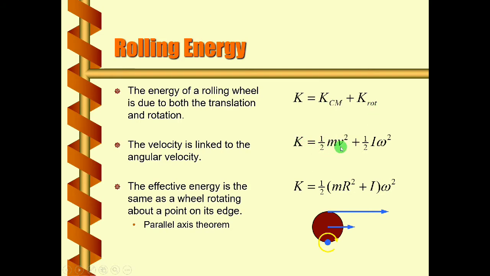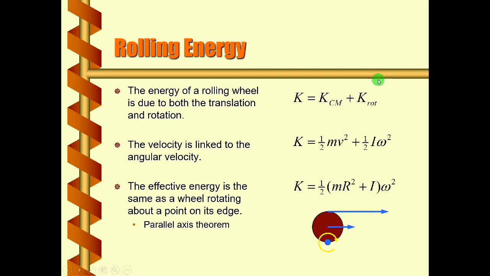So K equal to half mv square plus half I omega square. Adding both, you can put linear velocity in terms of angular velocity. We already know v equal to r omega, where r is the radius of the wheel.